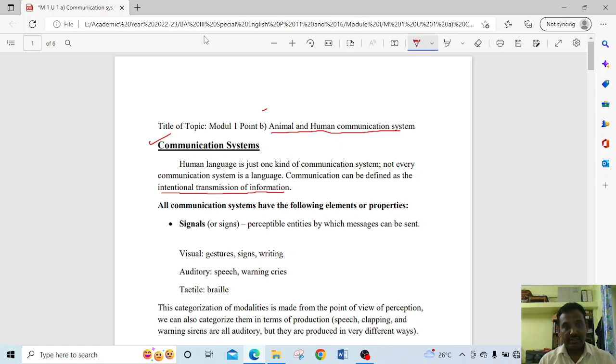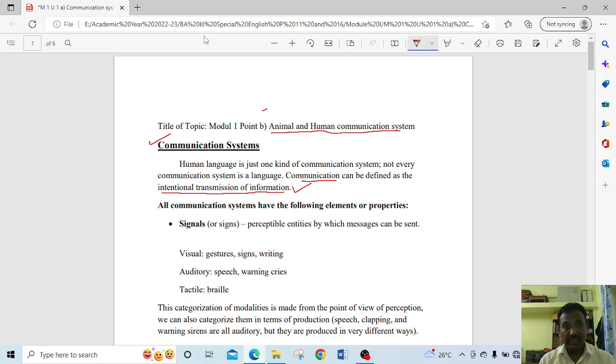Intentional means with purpose. Transmission means exchange, and information. So in communication, we exchange information with a purpose. So communication is defined as intentional transmission of information.